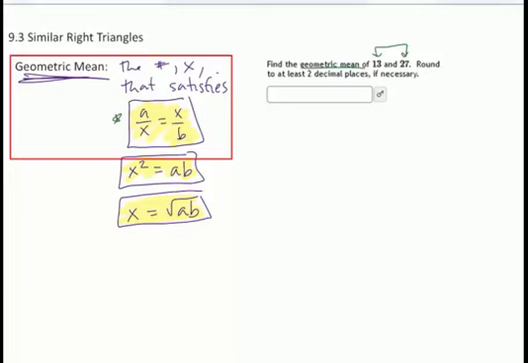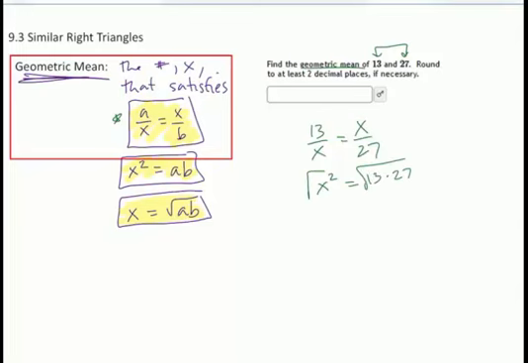So if you take 13 and 27, we want to find what number x gives you a ratio 13 is to x as x is to 27. What number can we put for x where this is a true statement? So cross multiply, x squared equals 13 times 27, extract your root.